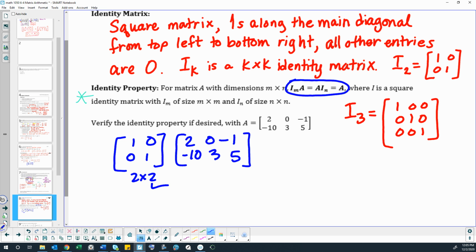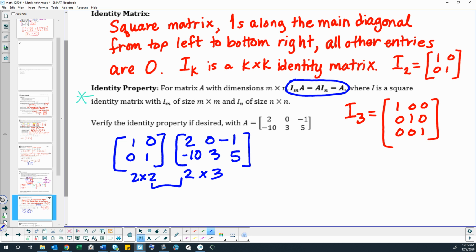So what size matrix would I use to multiply this together in order for it to work? So to show the property is true, I need to multiply matrix A by an identity. So if I multiply the identity first, then I need it to be a 2 by 2 so that those numbers are both 2s. Does that make sense?